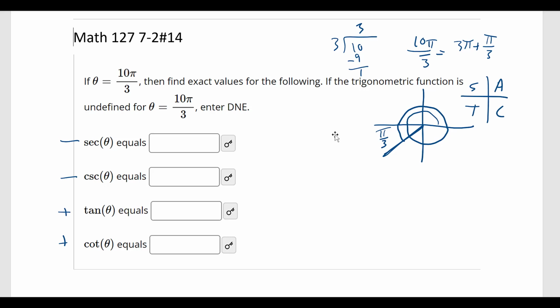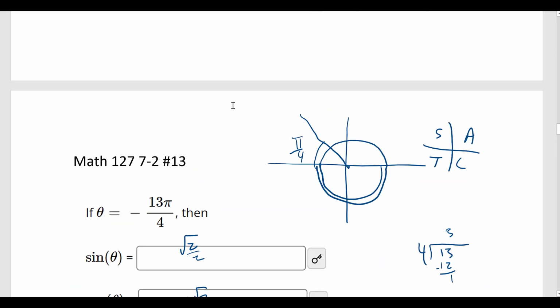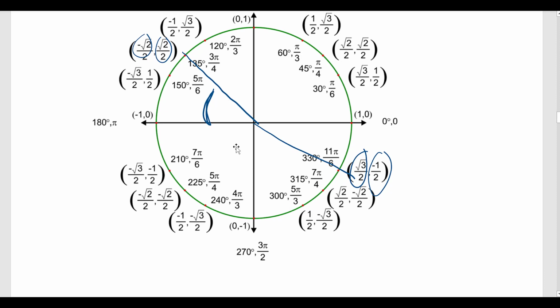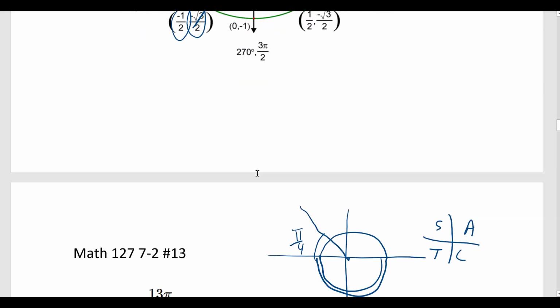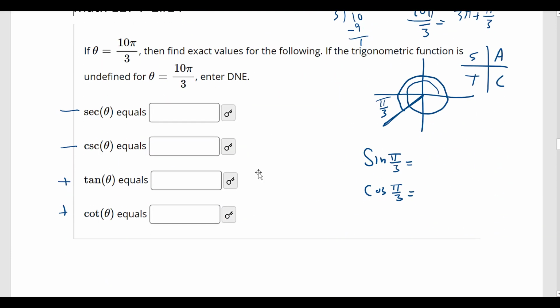Now, if we look for sine of pi over 3 and cosine of pi over 3, let me go back up to this drawing up here. So we're in this quadrant here. Here's the pi over 3 part. Cosine's negative 1/2. Sine is square root of 3 over 2. And because it's in this quadrant, they're going to be negative for the secant and cosecant.